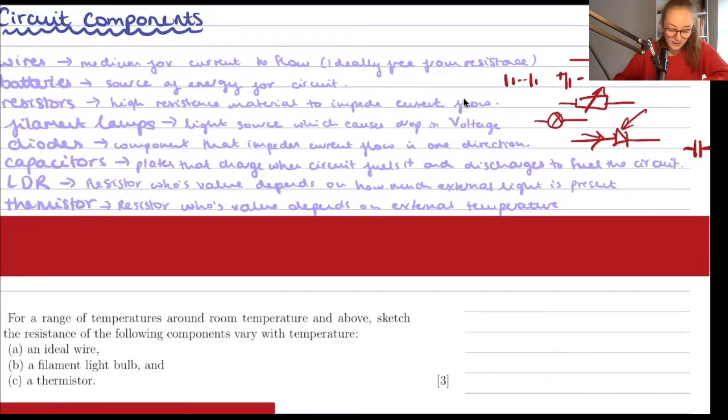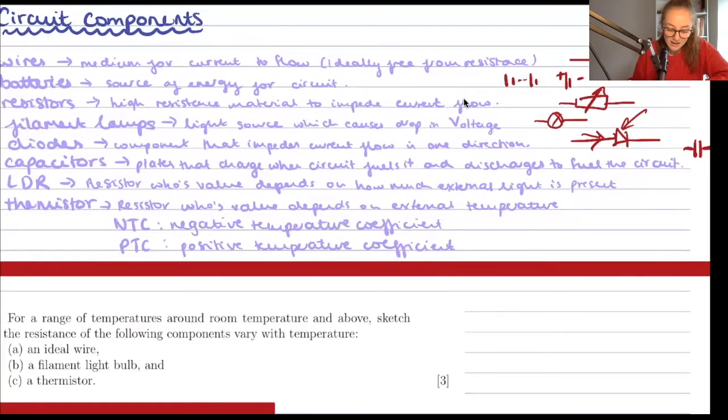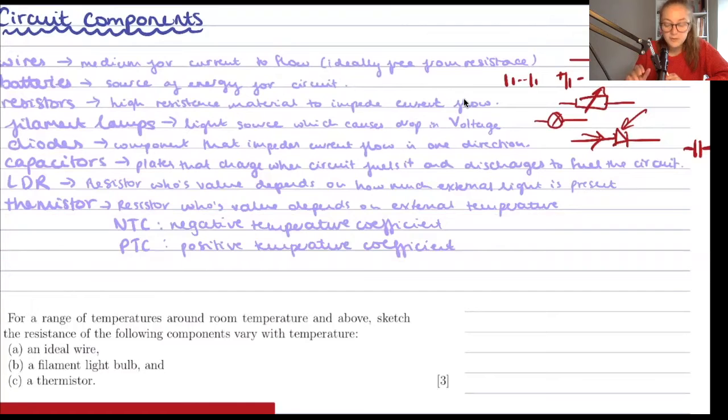And then finally, we have a thermistor, which is a similar idea to the light dependent resistor, except it's a temperature dependent resistor. And depending on whether it's a negative temperature coefficient or a positive temperature coefficient, it changes which way around it is. So for a negative temperature coefficient, if the temperature is higher, then the resistance will be lower, and vice versa.